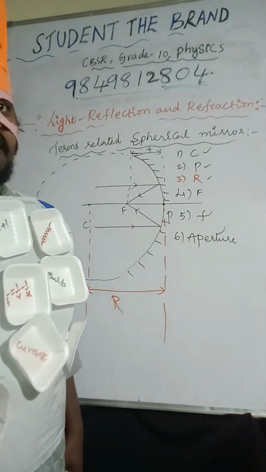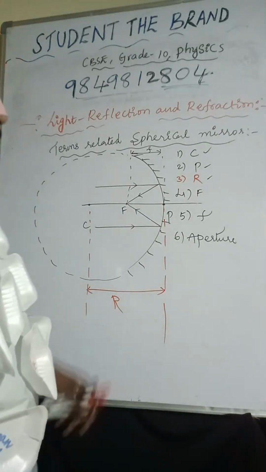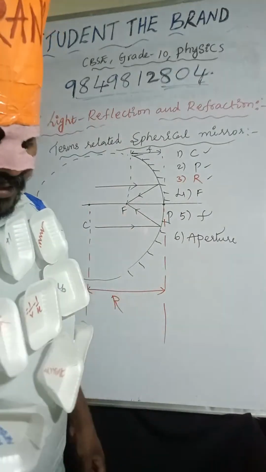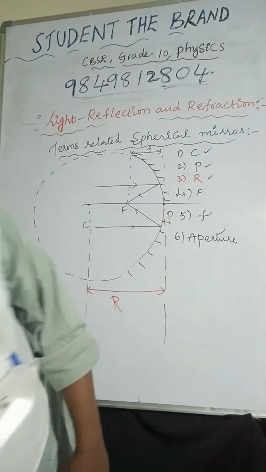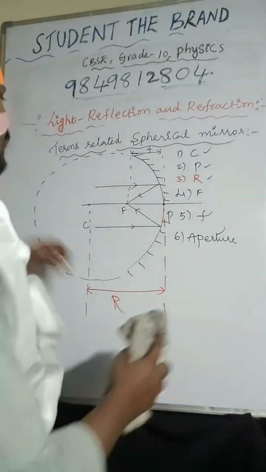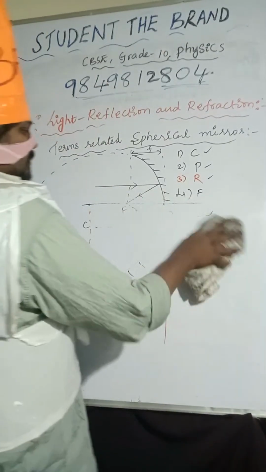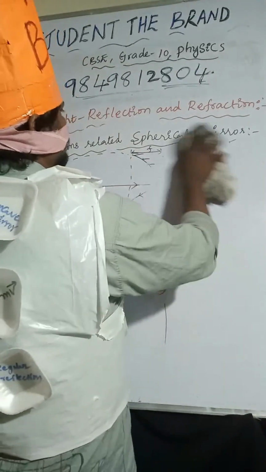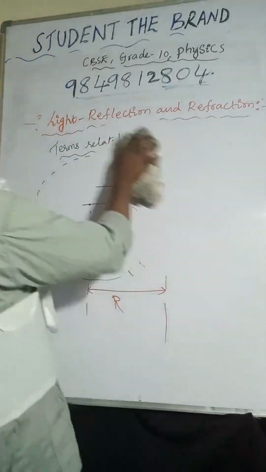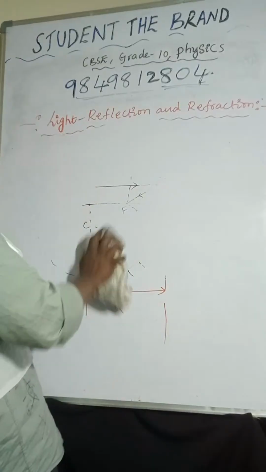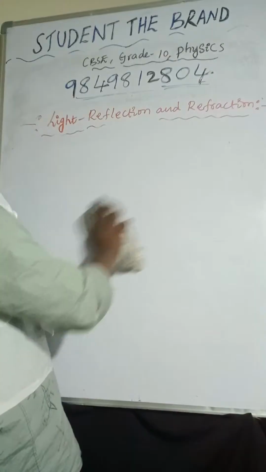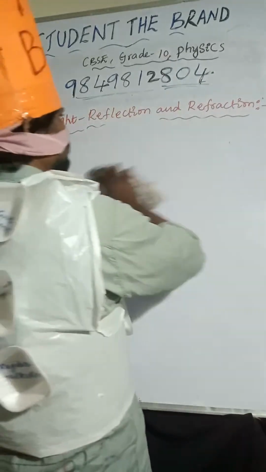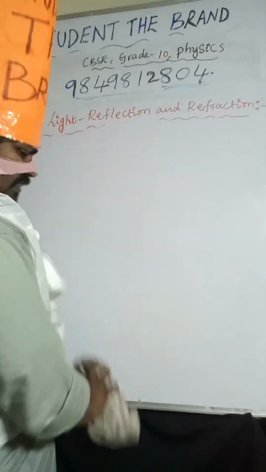So here you can observe, these are the terms related to spherical mirrors. Now we will discuss the ray rules of spherical mirrors, the concave mirror and the convex mirror.